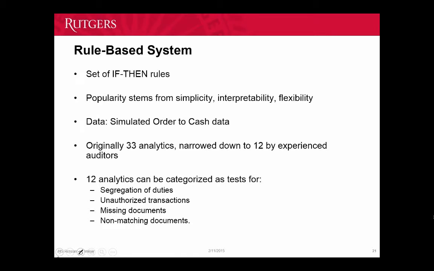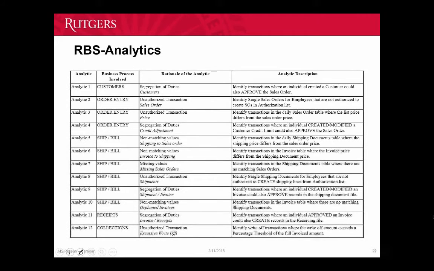And then we use the weightings from the experiment, using this linear program, to give each rule a certain weight. Those are the rules that we ended up using. It is for a simulated order to cash data. Unfortunately, we did not have real data, so we couldn't test it.